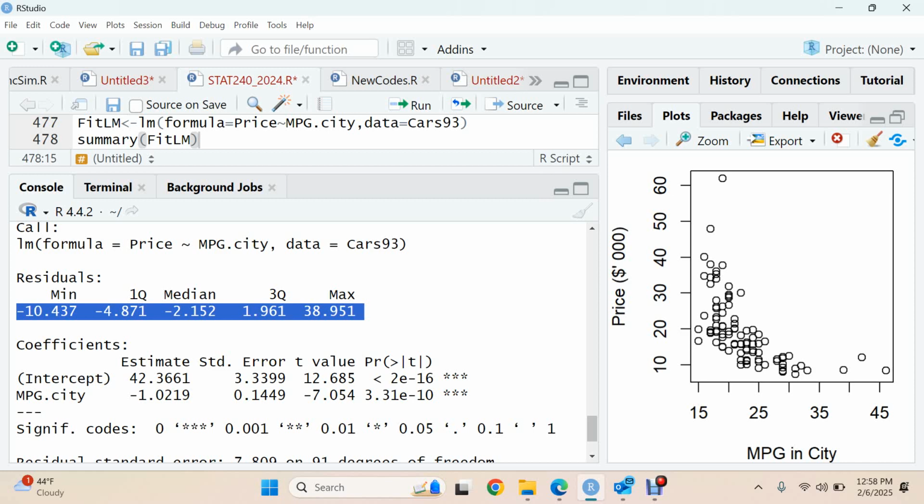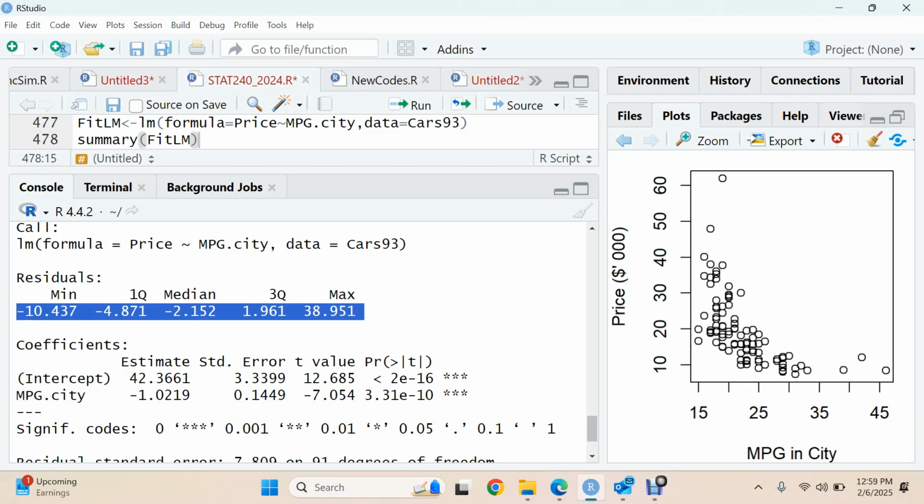Okay. The next one is the coefficient. How do we interpret this? You must have done this in 223 as well. If you have not, they will ask you. Now, we have negative 1.02. If you remember, the correlation was negative, right?